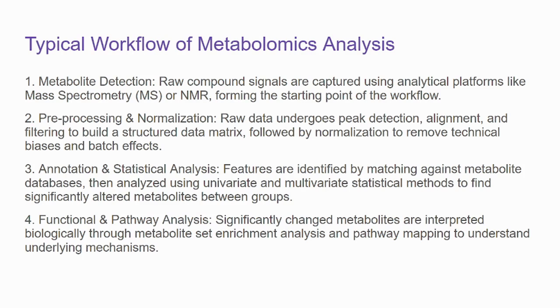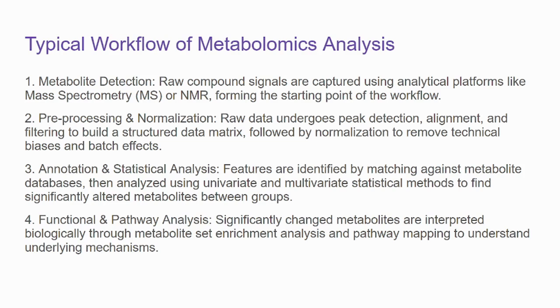The second one is pre-processing and normalization. In pre-processing, we do peak detection, alignment, and filtering to build a data matrix where we have the name of the compound and then the intensity, the peak intensity, peak area, or peak length, whatever parameter we want to choose, followed by normalization and all.